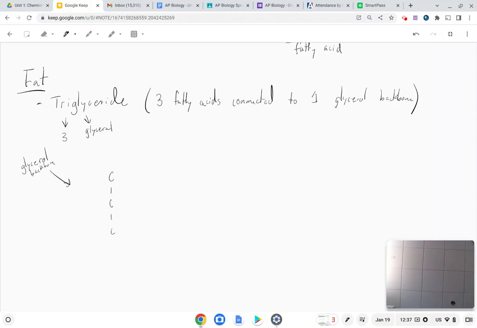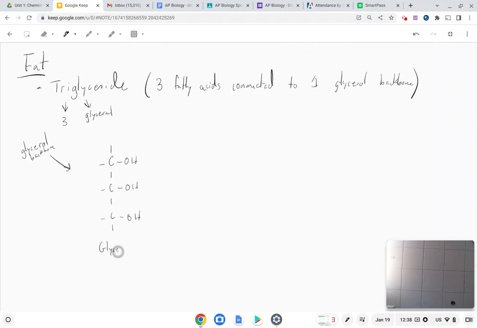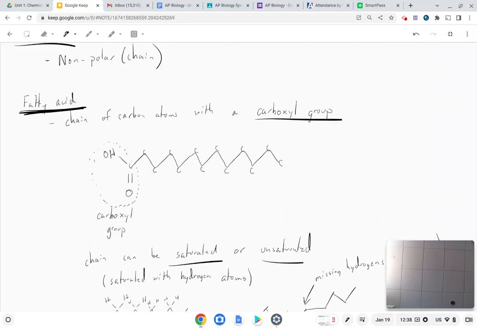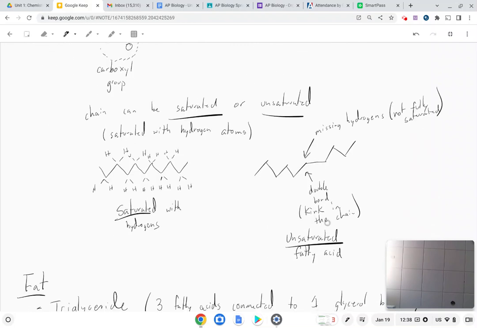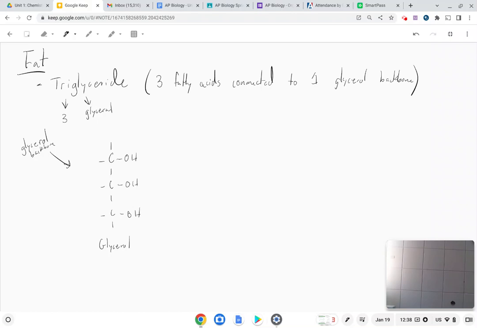The glycerol backbone is composed of carbon atoms. And then connected to those, the glycerol also has these OHs coming off of it. So let's label this as glycerol. We're going to take 3 of these fatty acids, bring them down and connect them in these 3 places.